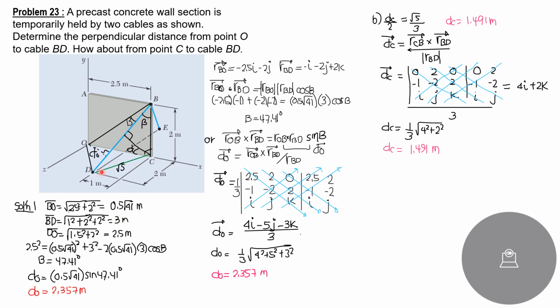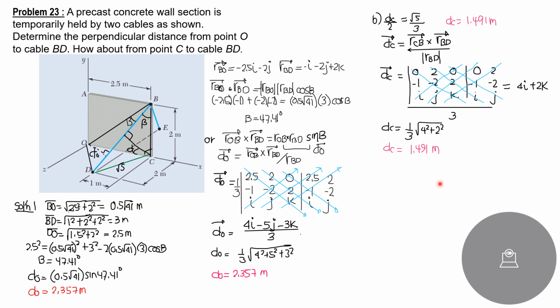The length of BD is 3. So again, d sub c, the opposite of beta to the hypotenuse 2, equals the opposite of beta in this triangle, square root of 5, to the hypotenuse BD, which is 3. Solving for d sub c, 1.491 meters.